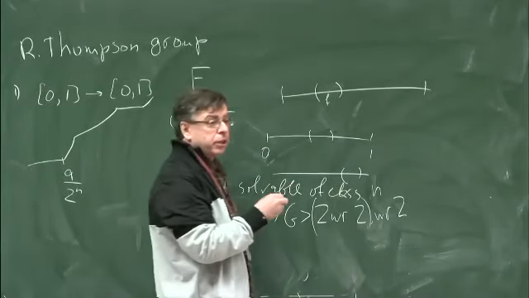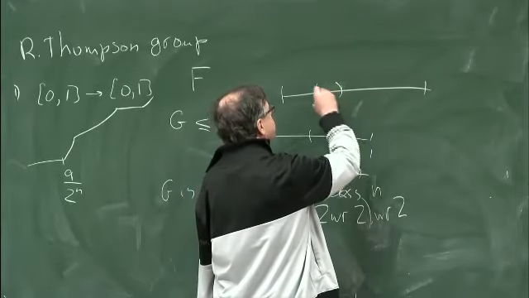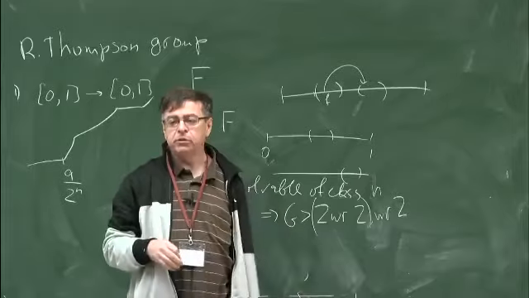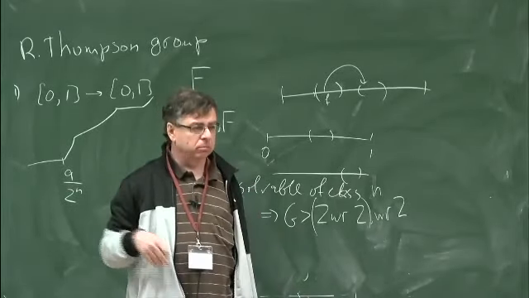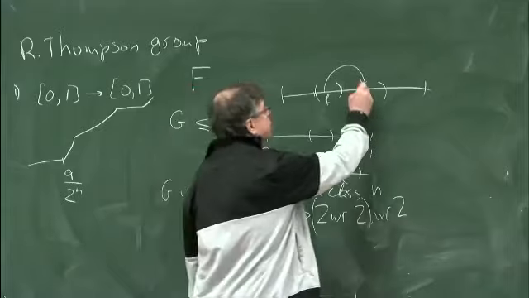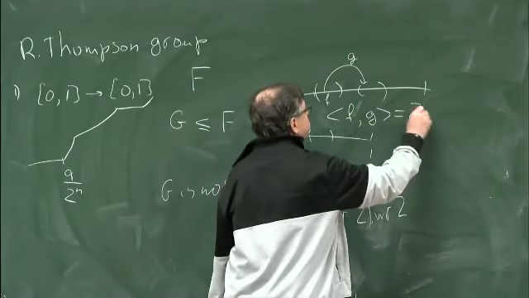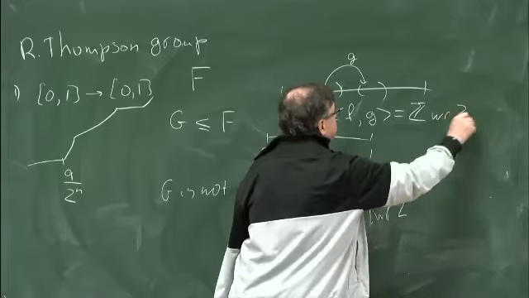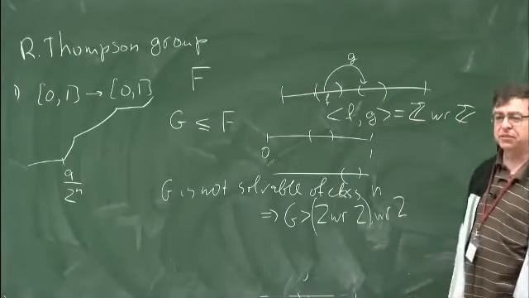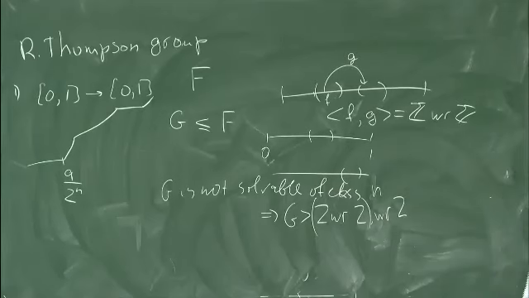Take another function, g, which takes this interval into some disjoint interval and acts anyhow on the other part of the interval. Then f and g generate Z wreath Z. In fact, if you don't know what Z wreath Z is, this is it. So that's what Z is. That's a group.